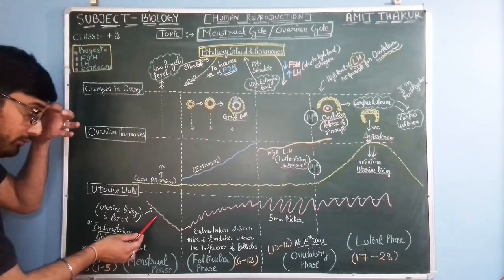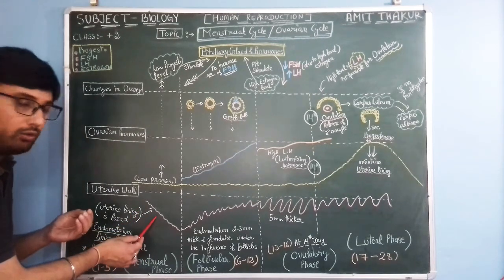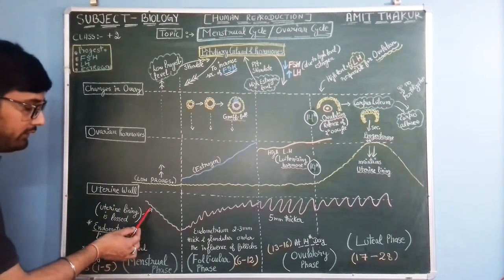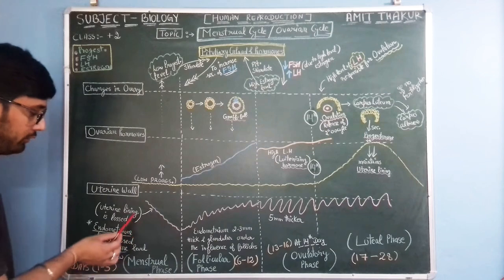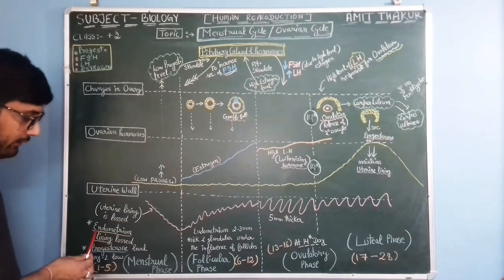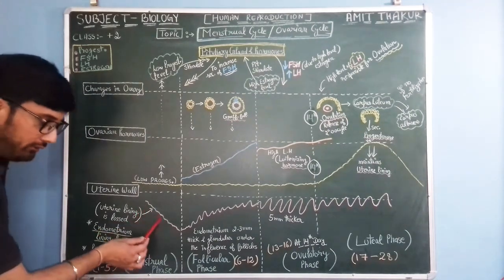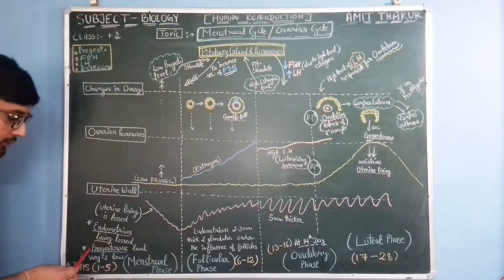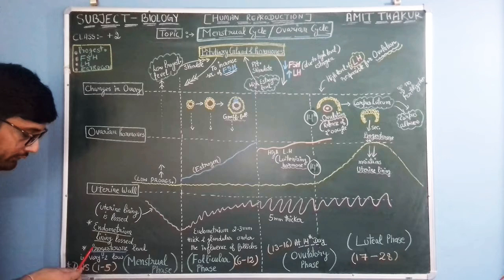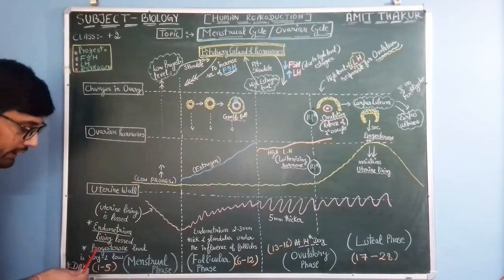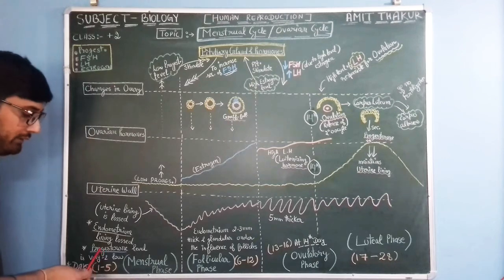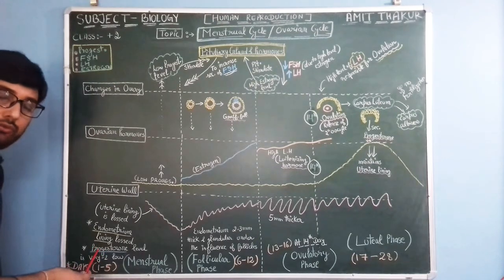There are no major folds or thickness in the uterine wall during this menstrual phase. The uterine or endometrium lining is lost along with blood vessels. The reason is a very low progesterone level. The progesterone hormone level is very low during the menstrual phase.